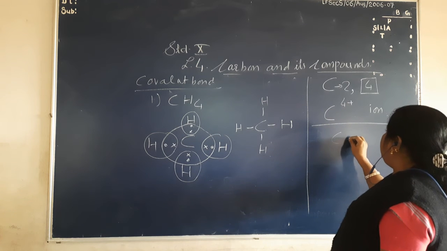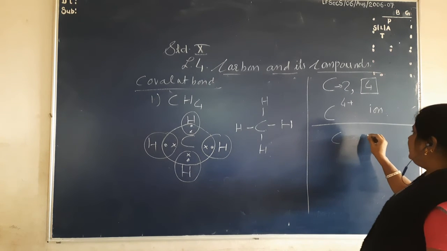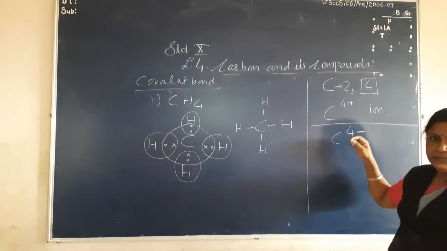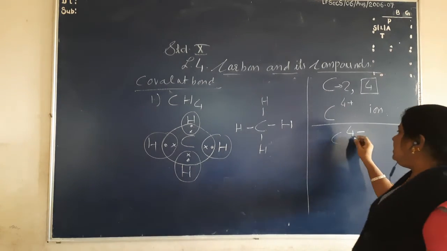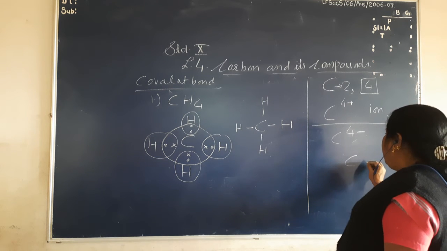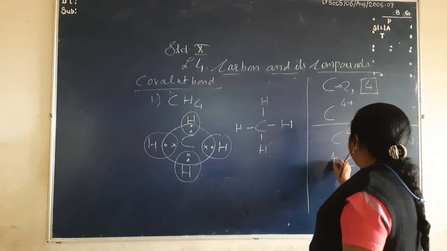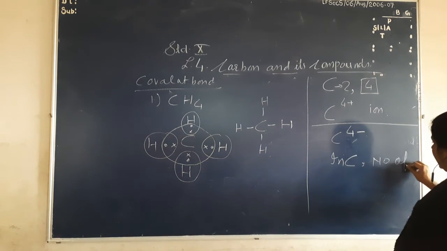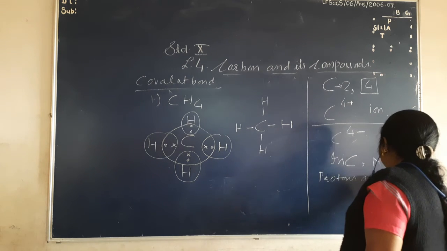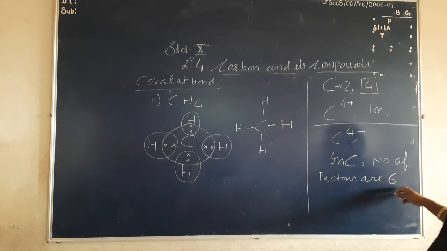Simultaneously, if this carbon takes 4 electrons, 4 are already there, 4 it will take, so it will become a C4- ion. How many protons are there in carbon? The number of protons is 6 only. The atomic number is 6, so only 6 protons are there.